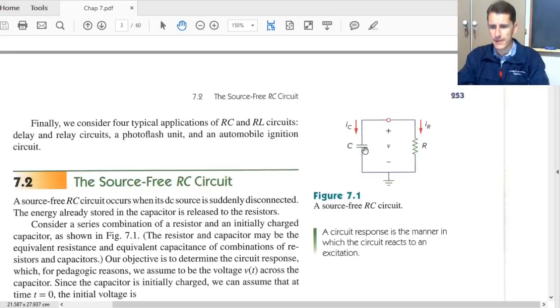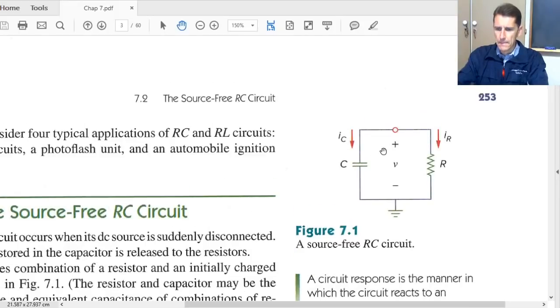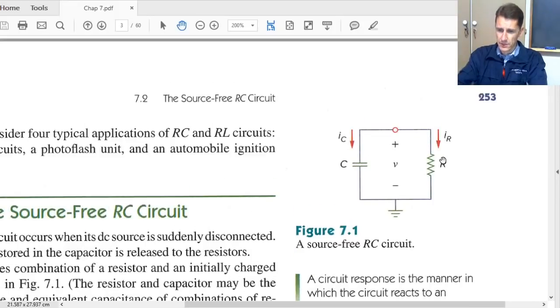What we have here is a capacitor and a resistor, connected in parallel. As we can see here, they both have the voltage V across them. What I want to point out here is the direction of the currents. It's following the passive sign convention: current flowing from the positive to the negative terminal.